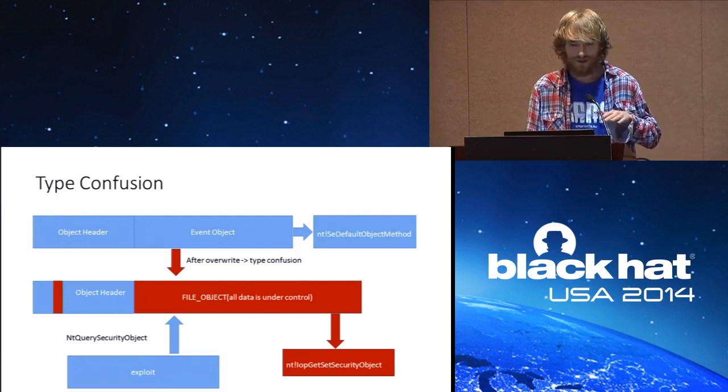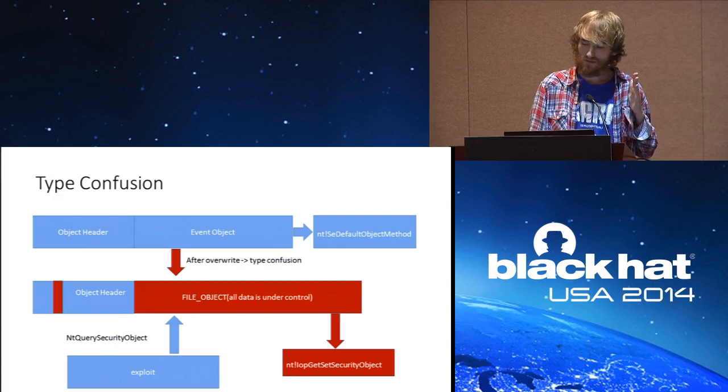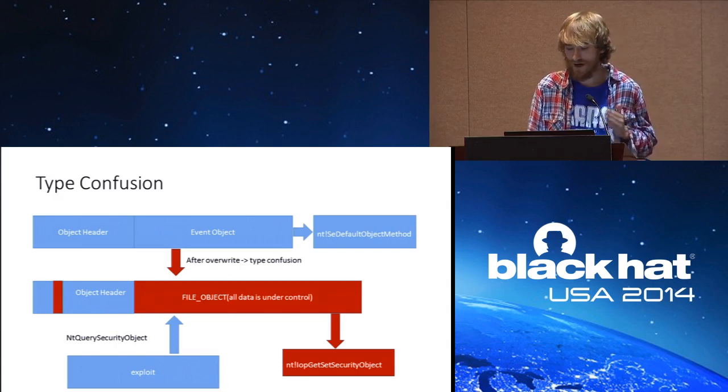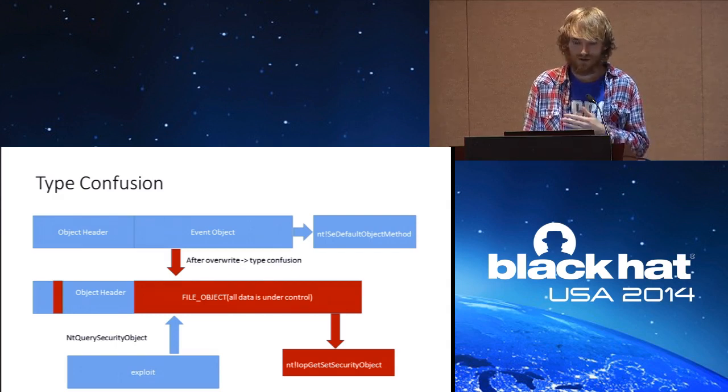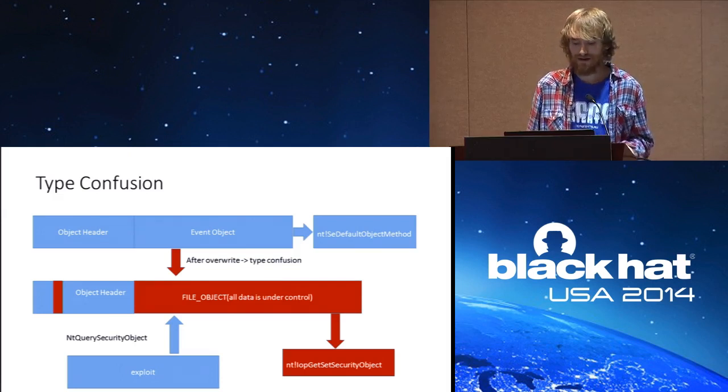After corruption, we change the type index to file object. So we redirect execution flow from the default object method to IopGetSetSecurityObject. So the object manager works with a file object, but in fact it was an event.